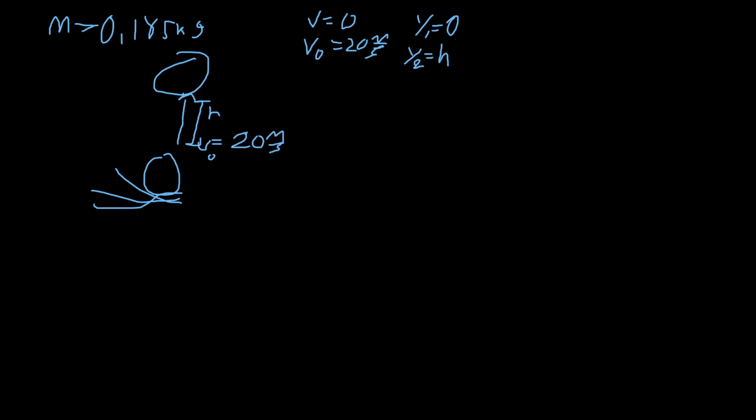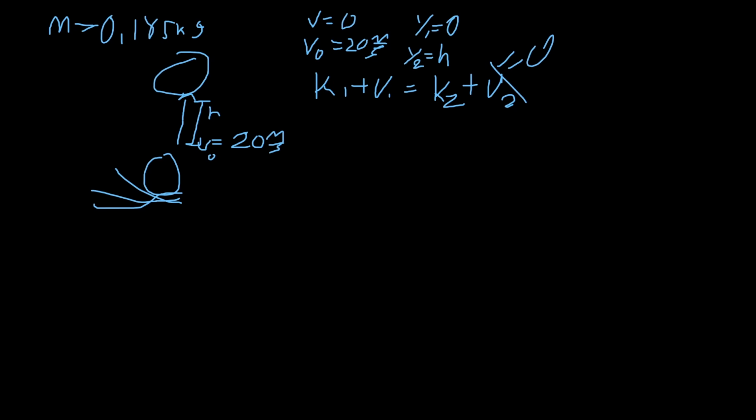As we know energy should be conserved, we'll write K1 plus U1 equals K2 plus U2. And we already know what's going to be eliminated. We know the final velocity must equal 0, so this is crossing out.